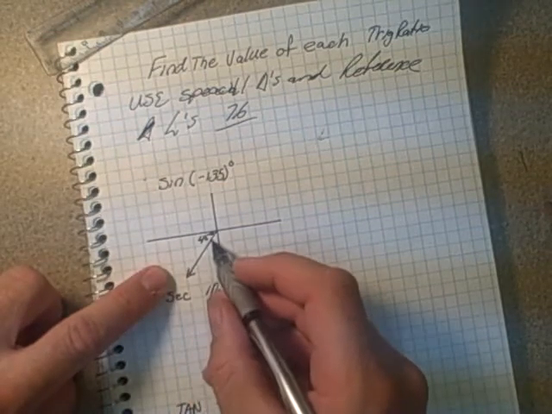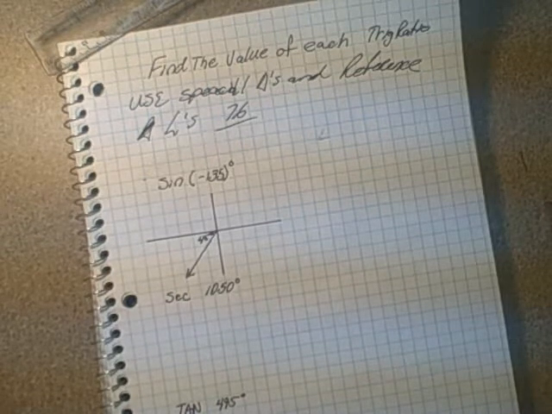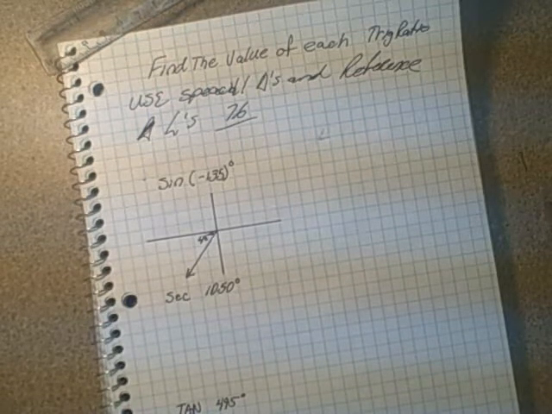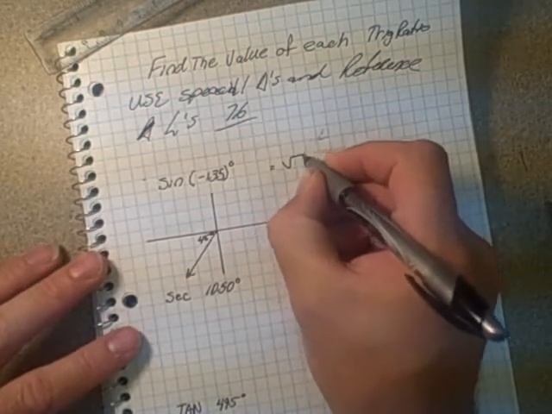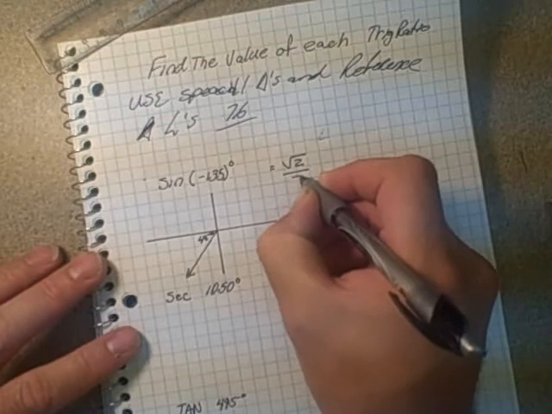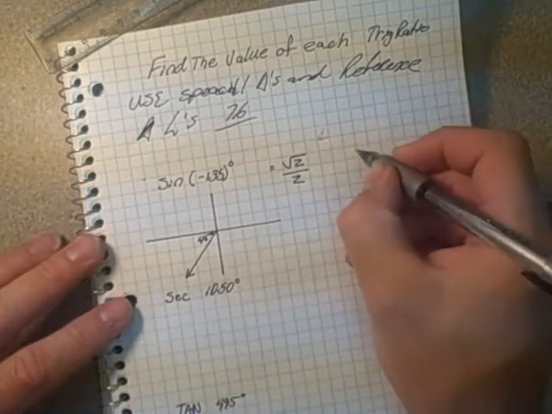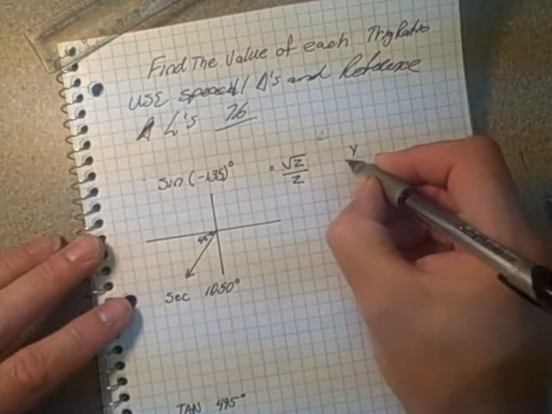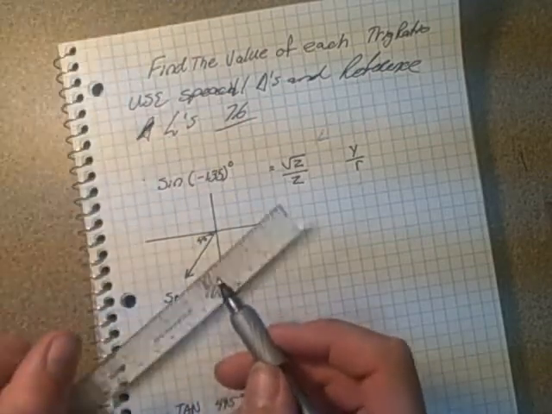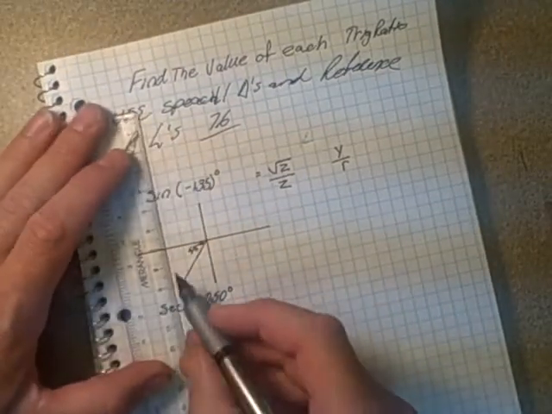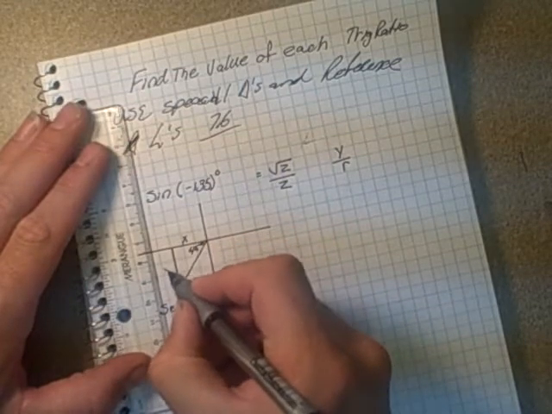So now we know that we want to look up the sine of 45 degrees. The sine of 45 degrees, when we look it up, is root 2 over 2. So this is equal to root 2 over 2. But we also know that sine is y over r. And if I just complete the triangle a little bit here, here's x, here's y, and here's r.